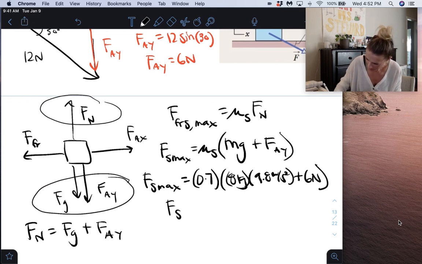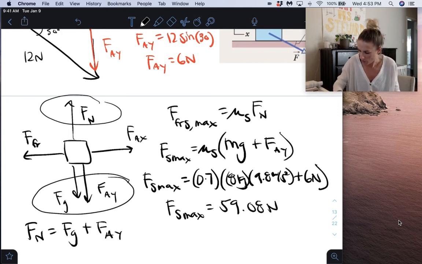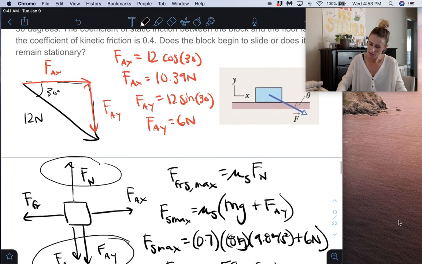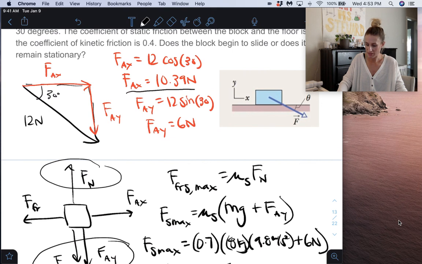Force static max is equal to 59.08 newtons. So we have to overcome that force static maximum of 59.08 newtons in order to start moving. So since our applied force in the x direction is only 10.39, that block is not going to start moving. It's going to remain stationary.